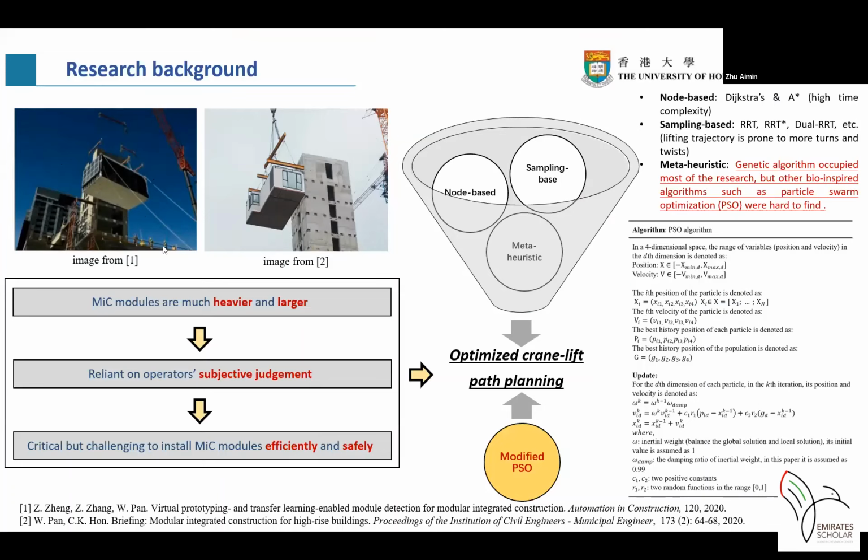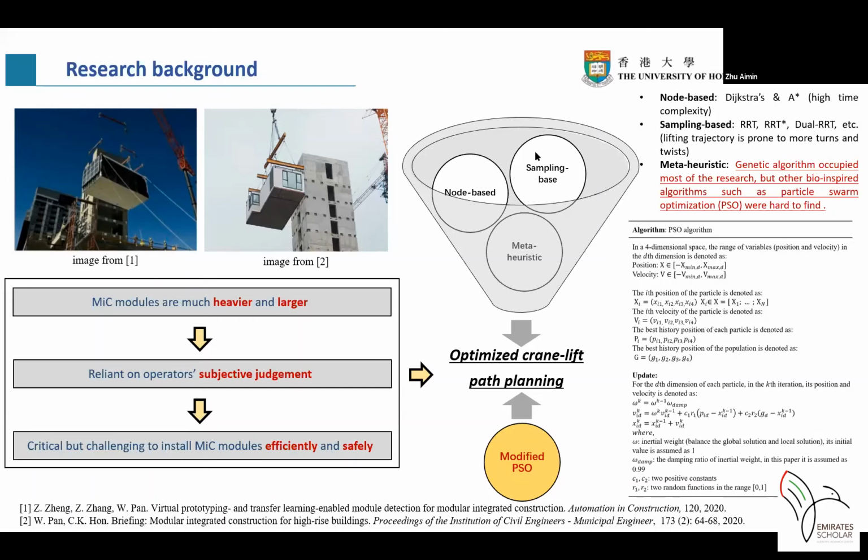But the crane-lift executions are heavily reliant on operators' subjective judgment, which turns out to be time-consuming and error-prone. So it is critical but challenging to install MIC modules efficiently and safely. And automatic crane-lift path planning has been regarded as a very effective way to solve these problems.